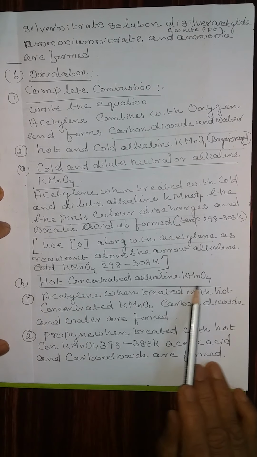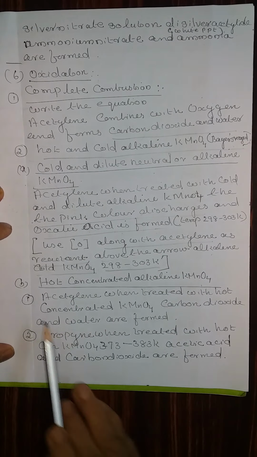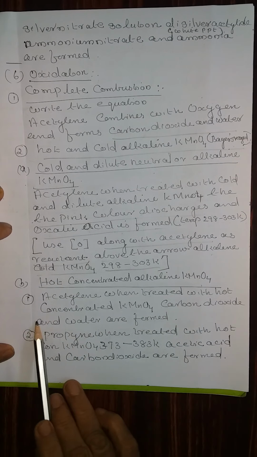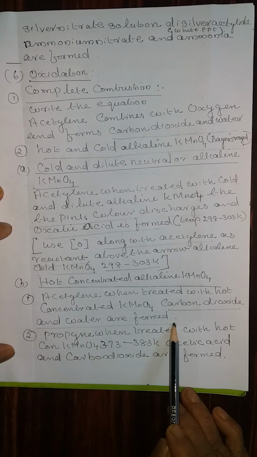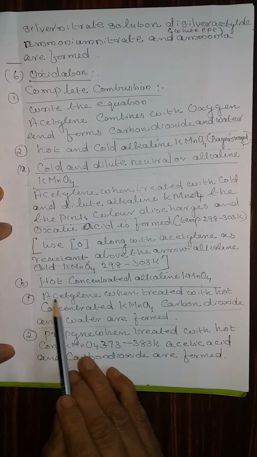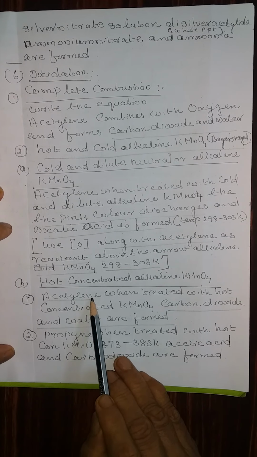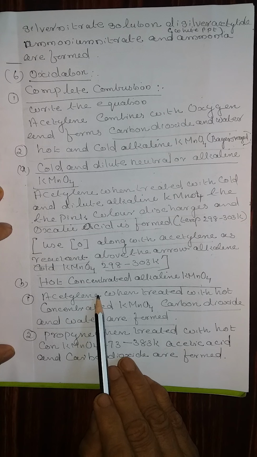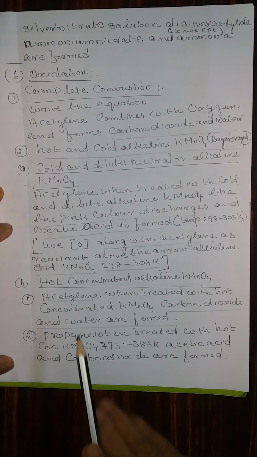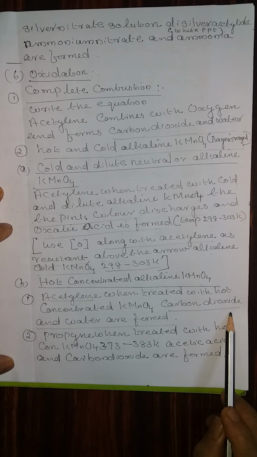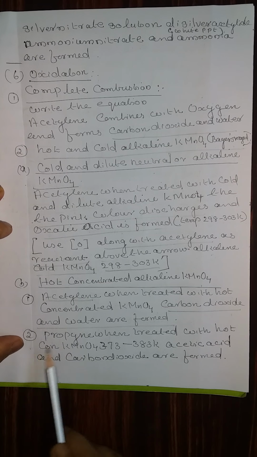Now, hot concentrated alkaline KMnO4. Acetylene when treated with hot concentrated KMnO4, carbon dioxide and water are formed. That is, if acetylene is used. If on either side of the acetylene there is any other alkyl group, the products are different. That is second.